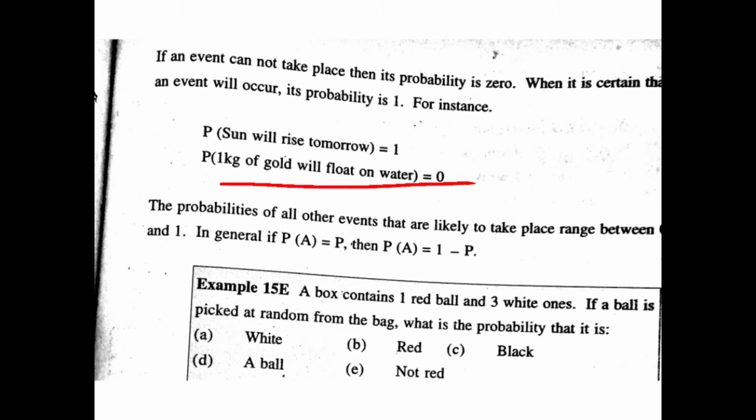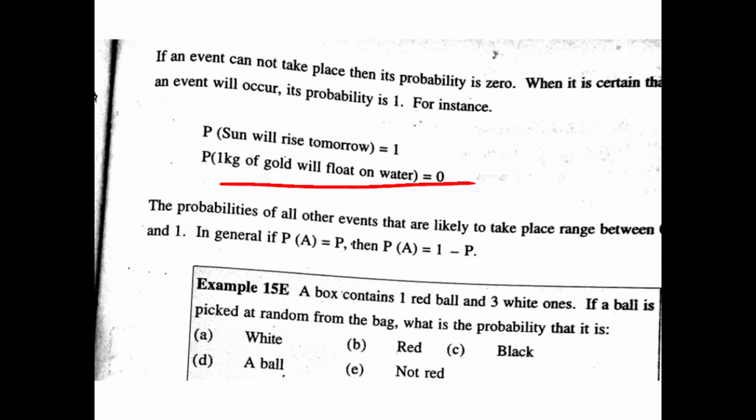So the probability of all other events that are likely to take place ranges between 0 and 1. In general, when we are certain that an event will occur, the probability is 1, and if we are certain that the event won't occur, the probability for that event is 0.